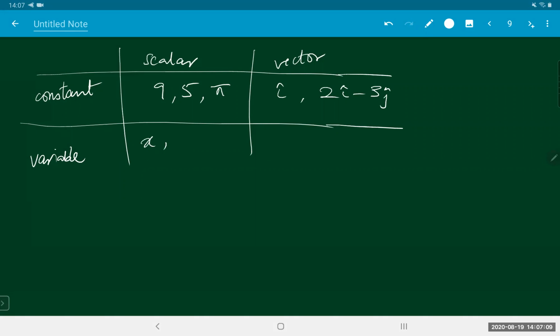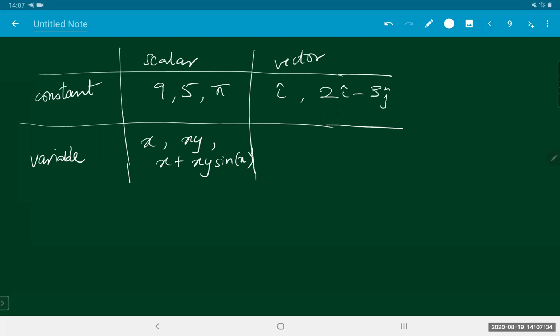How about something like x? So it's a scalar in the sense it's just a number, but it depends on what the coordinate is, what location you are at. Or x, y, or x plus y, sine x. These are all variable scalars.